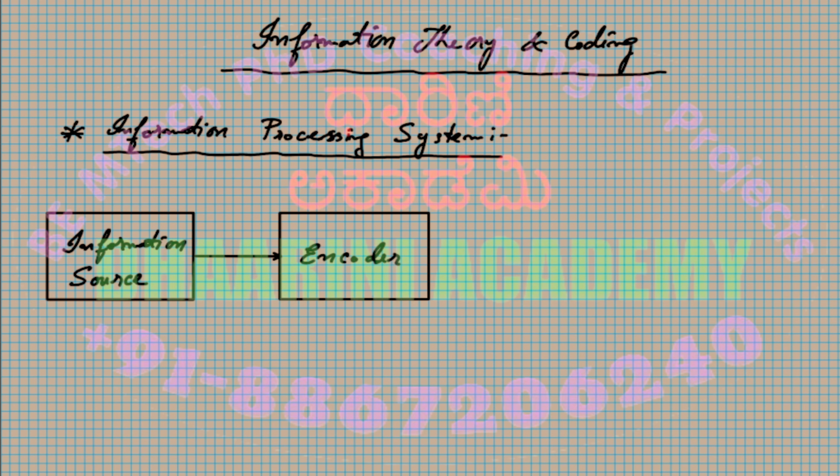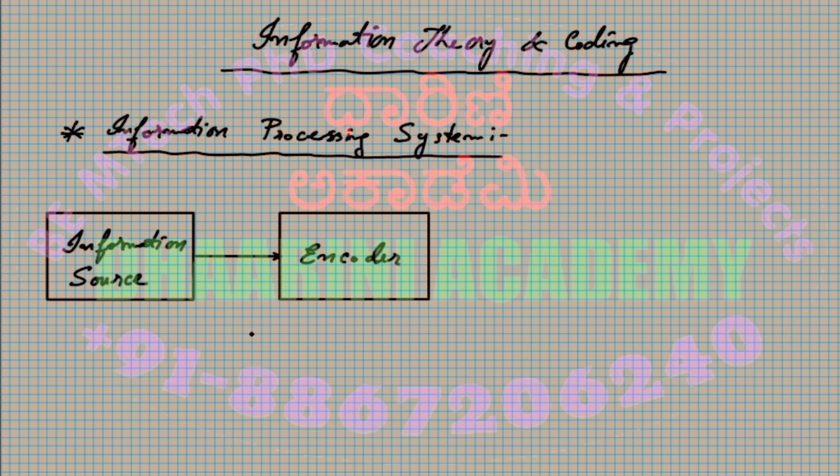Sometimes I may have to do the encoding once again. A second encoding might be required, because the information encoded by the source encoder is not enough. It may have to be converted into a different format for the purpose of transmitting through the channel.